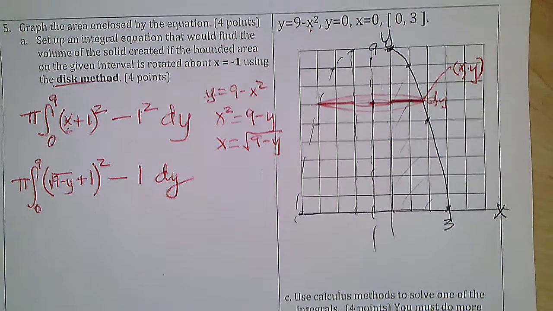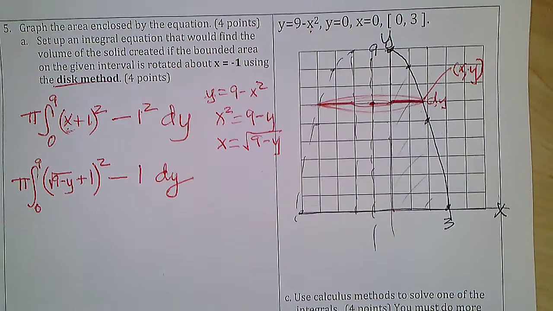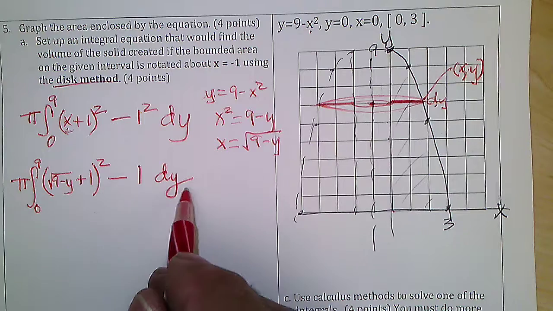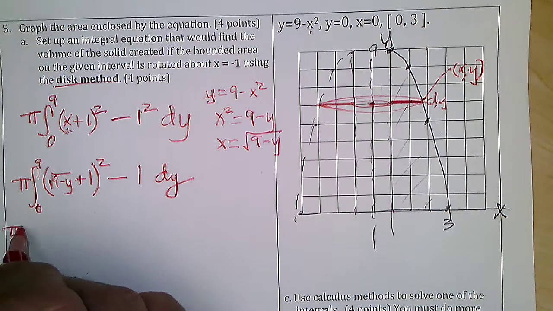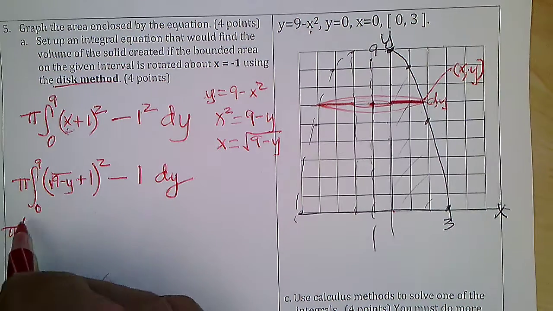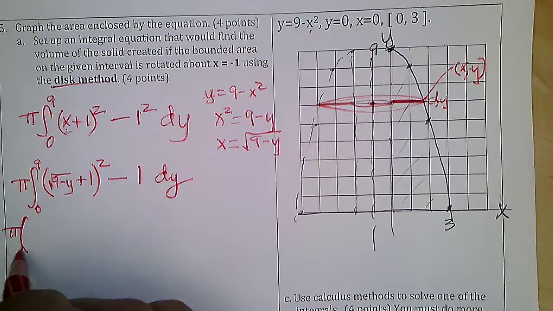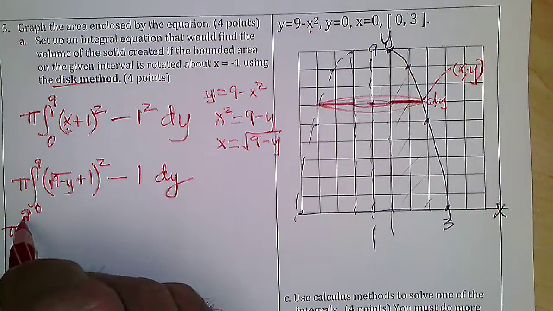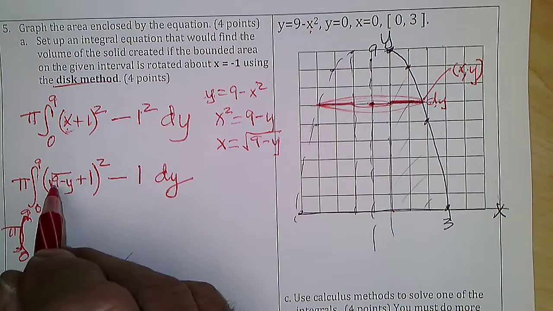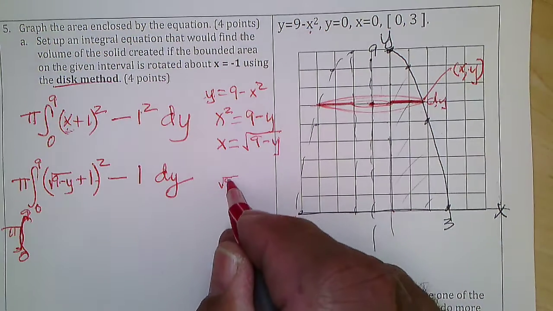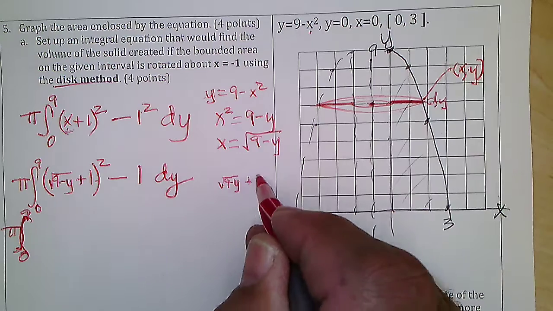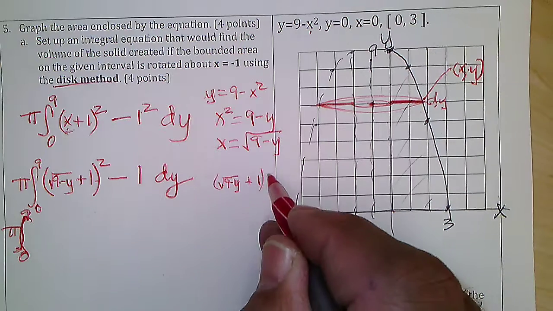Now, I'm going to work this one out for you so you can see, if you chose this one, what you would have to do. So we'd have pi, and we'd have an integral from 0 to 9. This squared is going to be square root of 9 minus y plus 1 times that again.